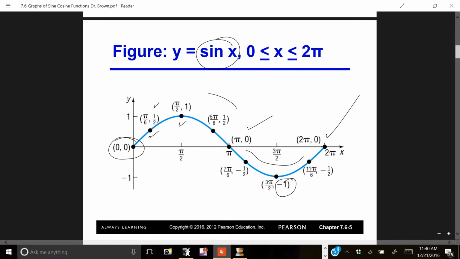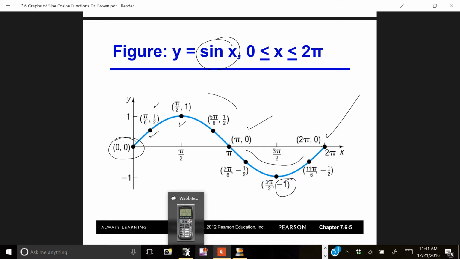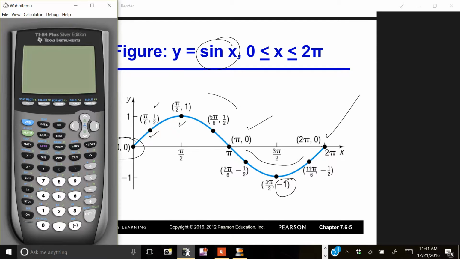What I want to do is take the calculator out and show you how to put this in your calculator, and we will look at various windows on the calculator just to see what's going on. So bring up your calculator, and we're going to clear the calculator and put sine of x in the calculator, and let's set the window up.